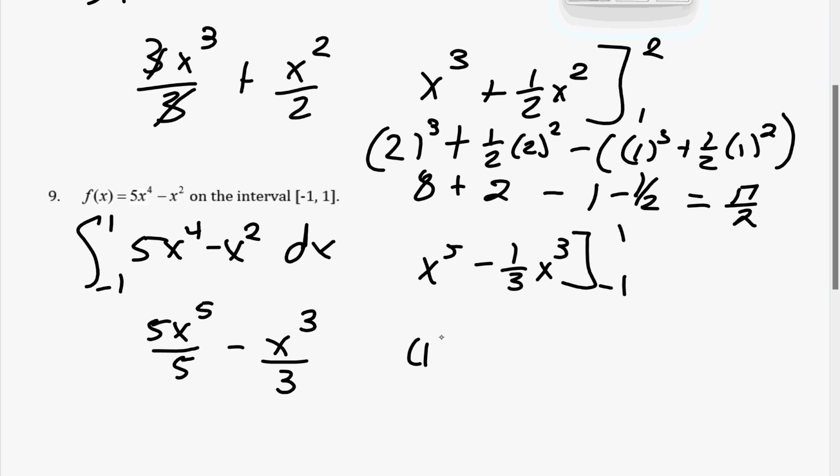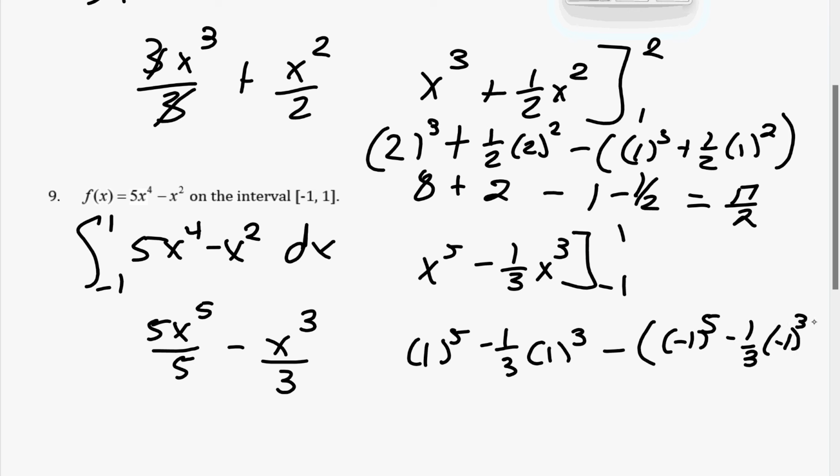So here I plug in 1, and then I'm going to subtract. Make sure you distribute that negative. Plug in -1. Okay, so I get 1 minus 1/3 minus -1 plus 1/3.